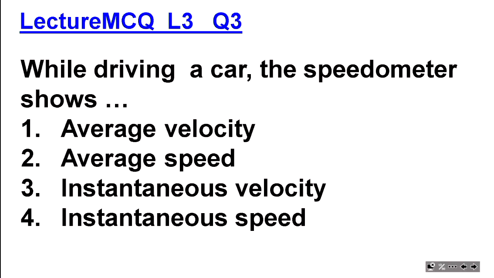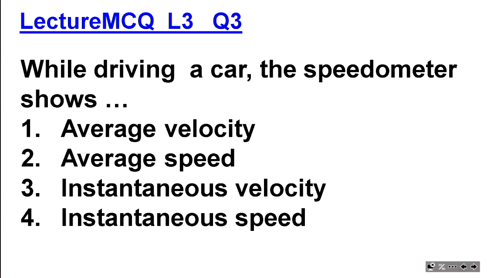We know average speed, average velocity, instantaneous speed, instantaneous velocity, distance, position. So the speedometer, of course, shows only one specific number. Which is that? So that's your question. These are possible answers. So go to web design, select, click, submit, and please tell me what you think.